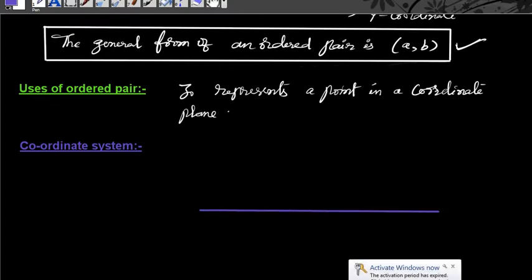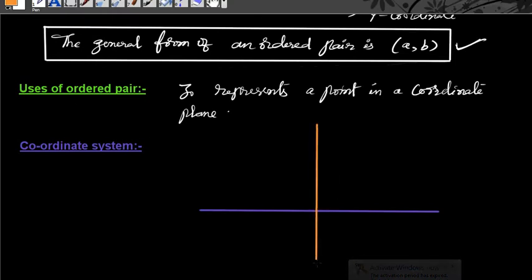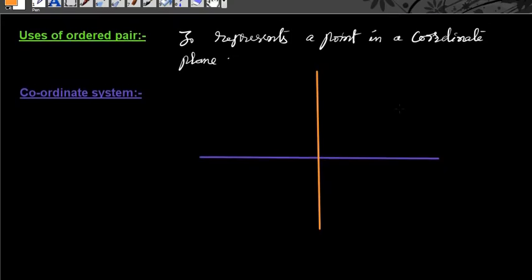This one and one more, this one. So these are the two perpendicular lines I have taken. Then this plane, that means the blackboard plane, is said to be the coordinate plane.